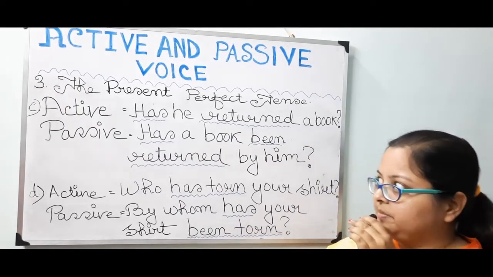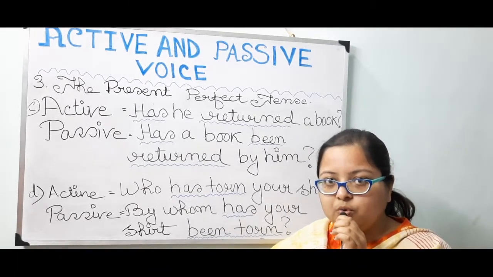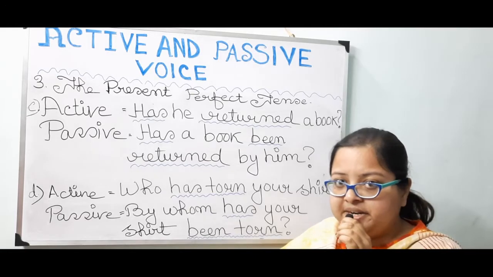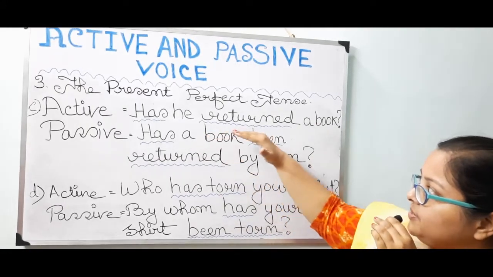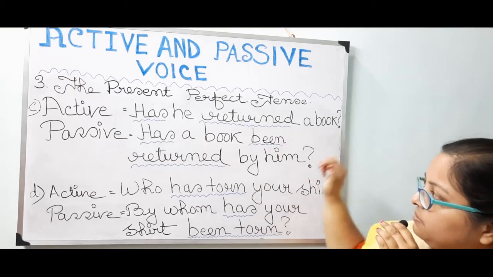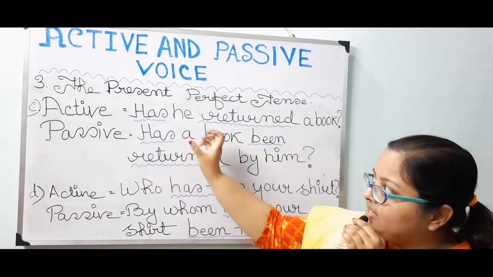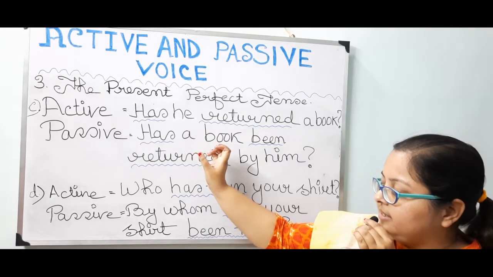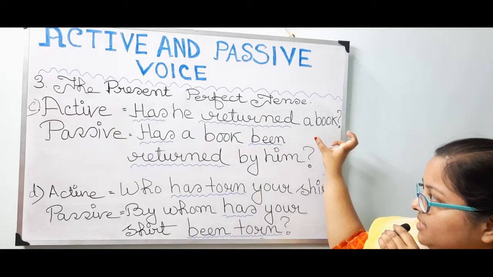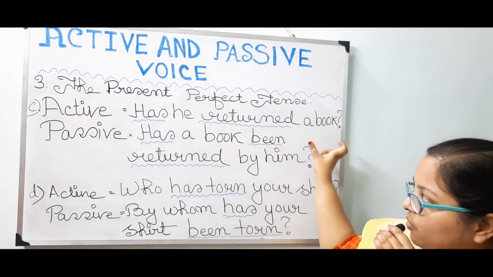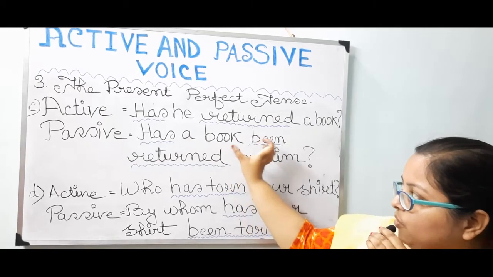Students, next example. Already you know, in case of an interrogative sentence or a question, the rule will be a bit different. So let's look at the active voice. Has he returned a book? Question mark. Next, passive. Has will be same in this case. Then a book, which will change its place from the object of the active voice to the subject of the passive voice, specifically the word book.